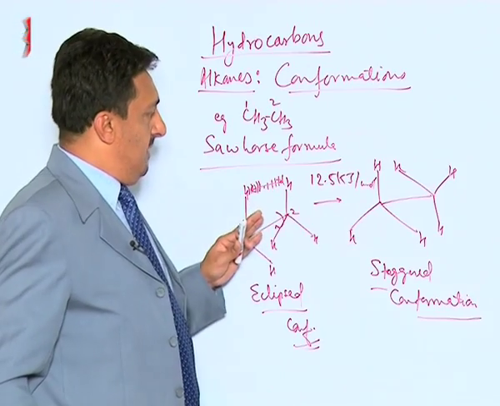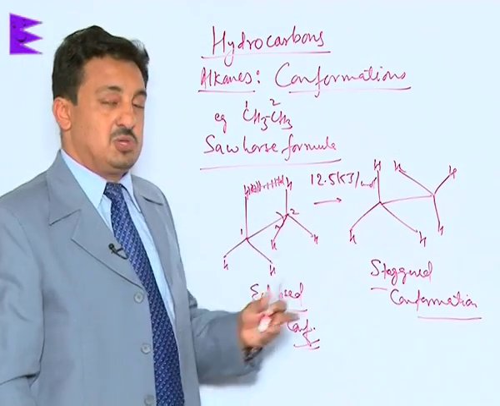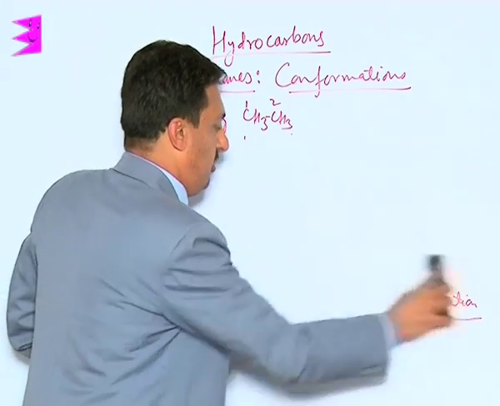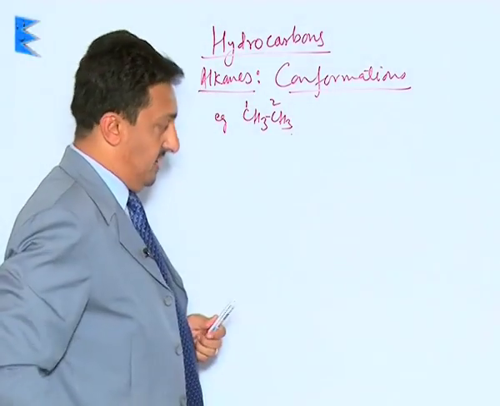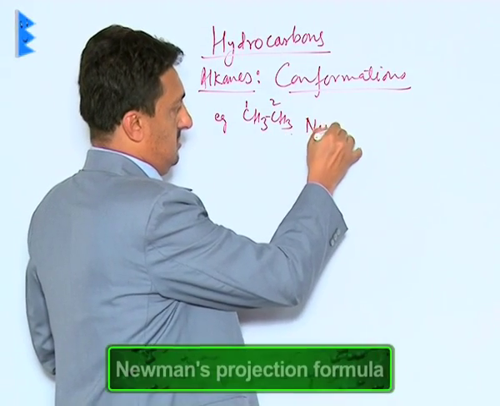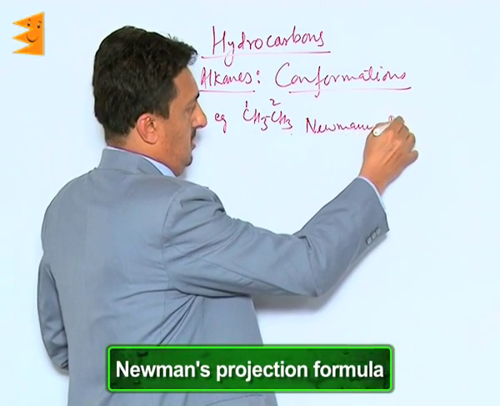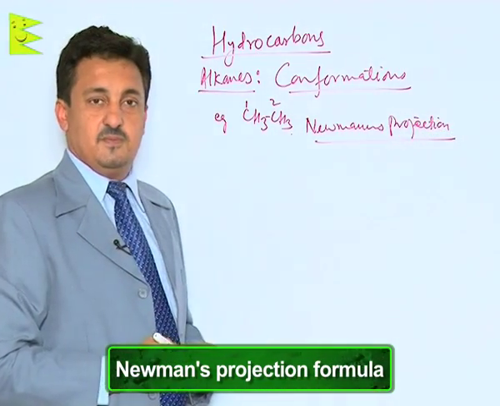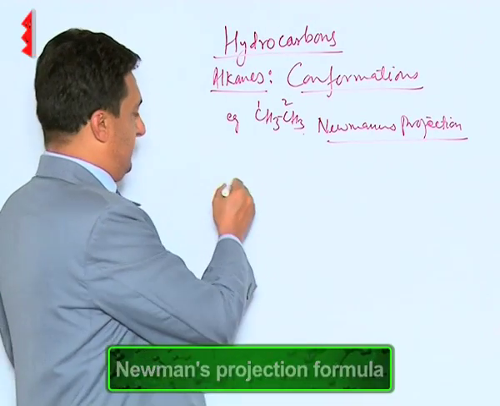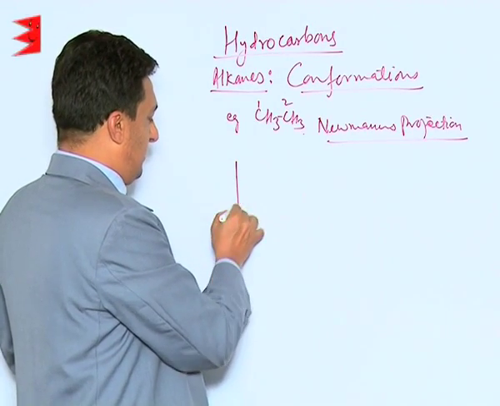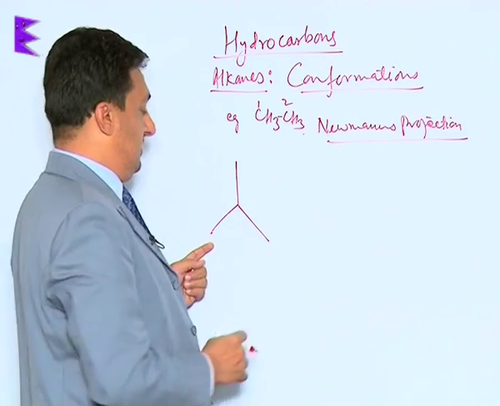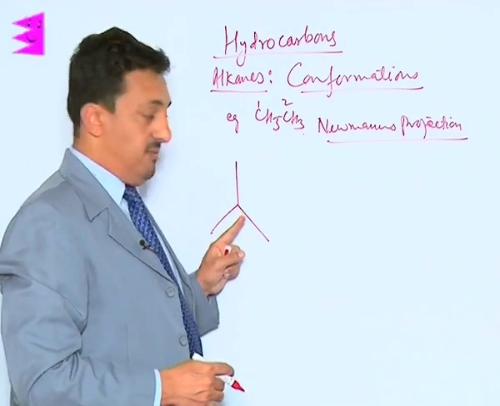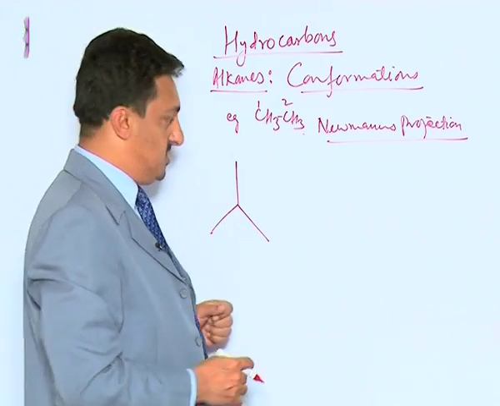Now, these two types of conformation are also represented in one more form, which is called Newman's projection formula. Let me write it down. Newman's projection formula. In Newman's projection formula of ethane, we always draw carbon number 1 in this form: from a point we draw 3 lines diverging, making an angle of 120 degrees with respect to each other.